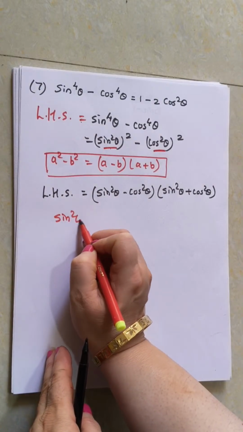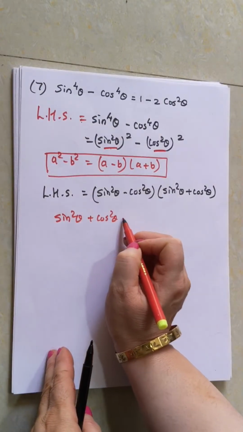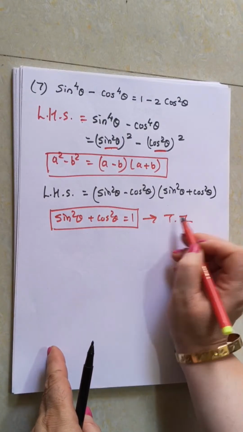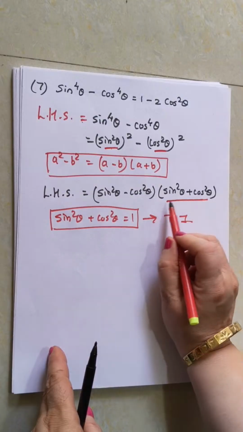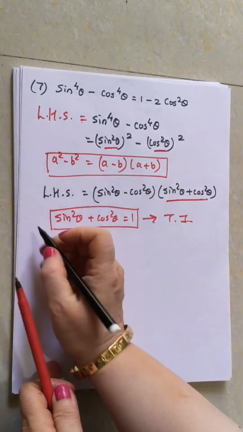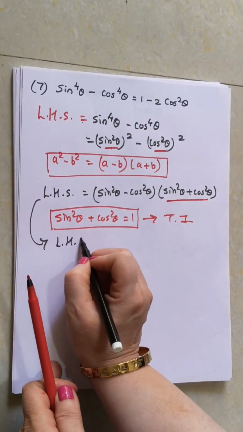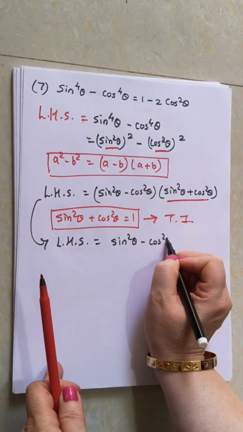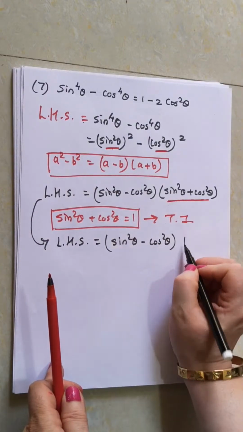That sine square theta plus cos square theta is equals to 1. So in place of sine square theta plus cos square theta, I am going to put 1. So LHS will be sine square theta minus cos square theta into 1.